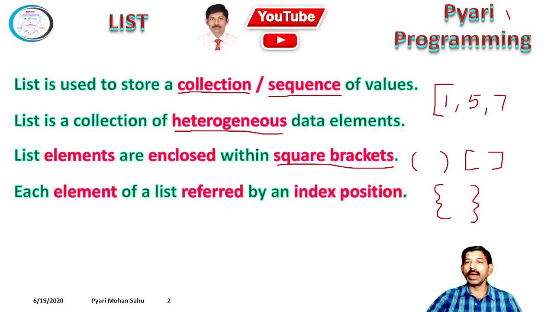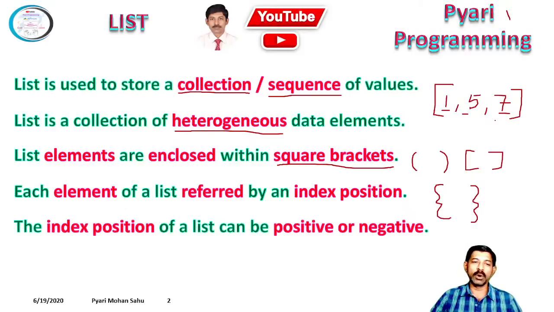These are the elements of a list, and these elements are referred by an index position. What is this index position? I will tell you later on. The next point says that the index position of a list can be positive or negative also. That means I can have the index positions 0, 1, 2, 3 like this, or I can have -1, -2, -3 like this. So that's why it is positive or negative also.